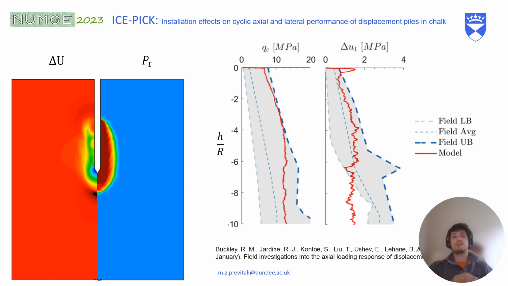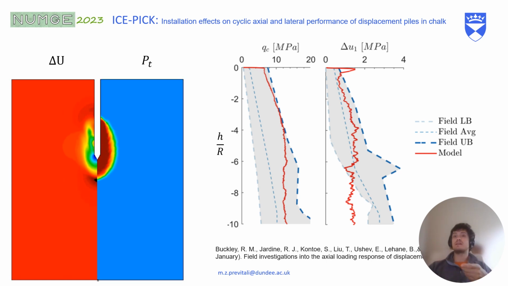Then after the model was calibrated, we used it to carry out some CPT tests. So cone penetration testing, you see here on the left, the contour of pore water pressure, or variation of pore water pressure, and PT, so the bonded material, which is not reversible, so basically the rock damage.